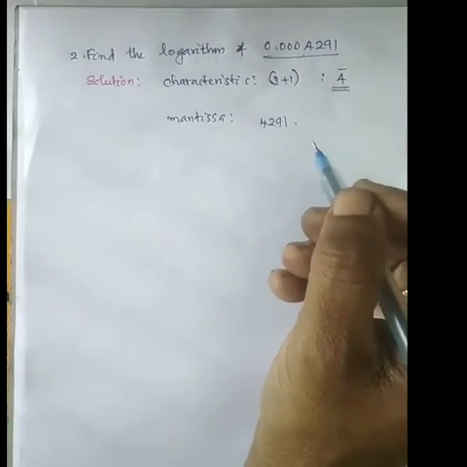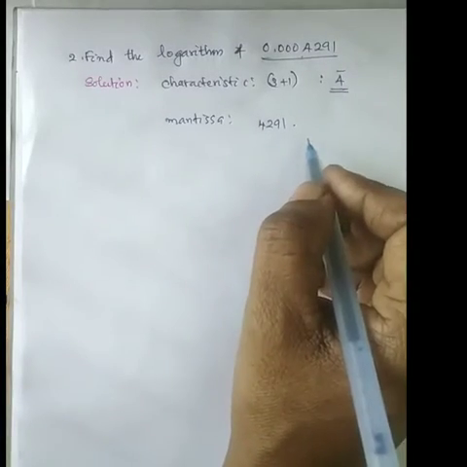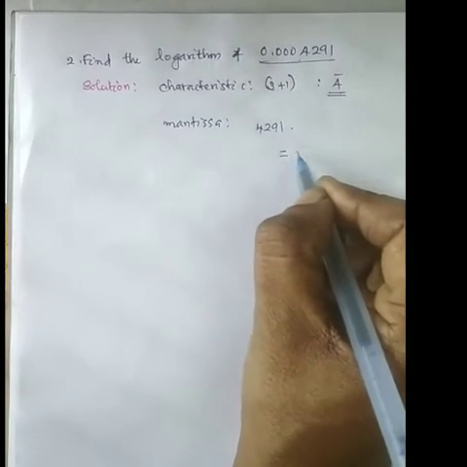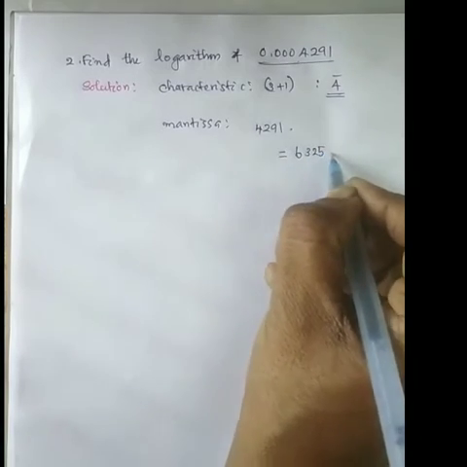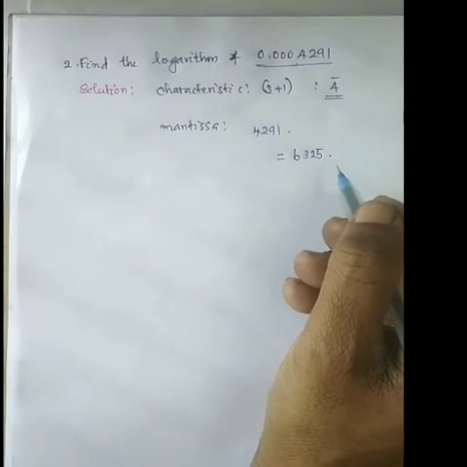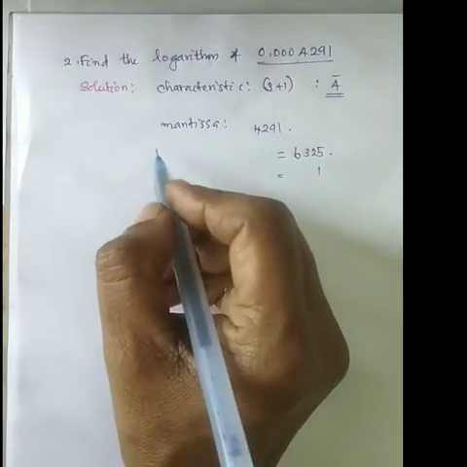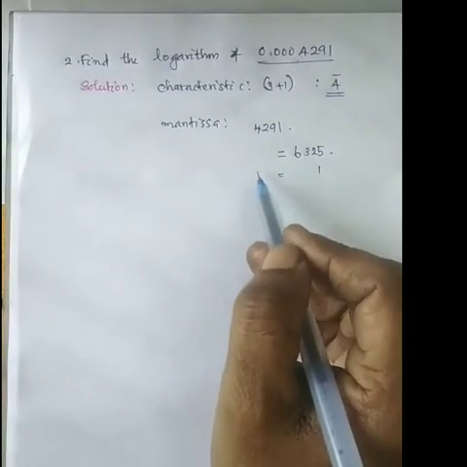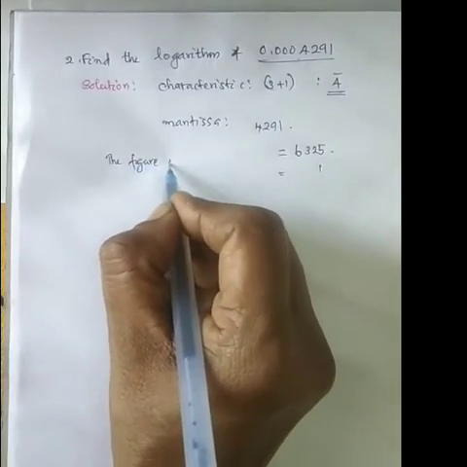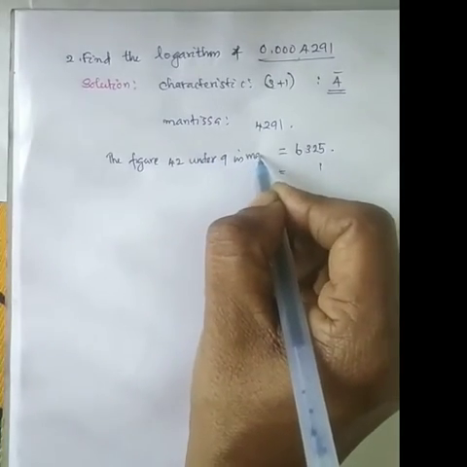Using the table, the figure 42 under 9 in the main table is 6325, and the figure 42 under 1 in the main difference column is 1.